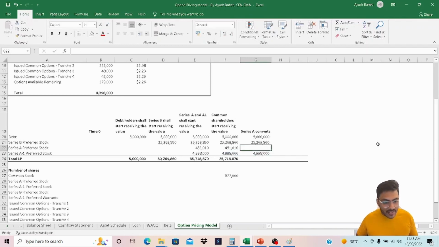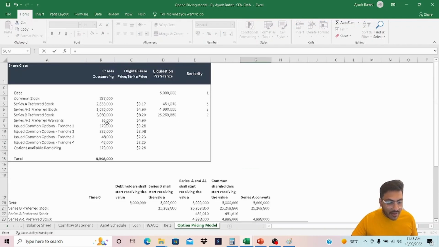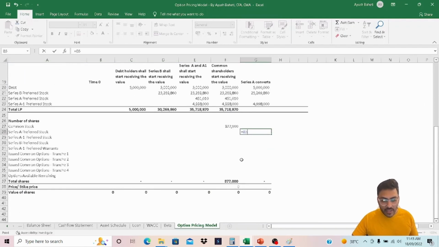I'm not linking series A because series A is converting into equity shareholders. So what will happen is that series A preferred shareholders will convert into equity shares. So here we are assuming that the conversion ratio is 1. It means that when preferred A shareholders convert into equity shareholder, they will get the same number of shares. So that's why I will link the number of shares to this.